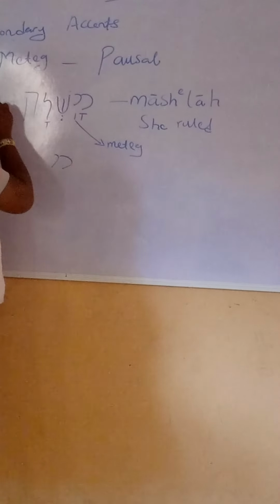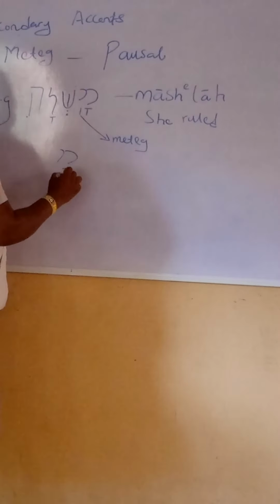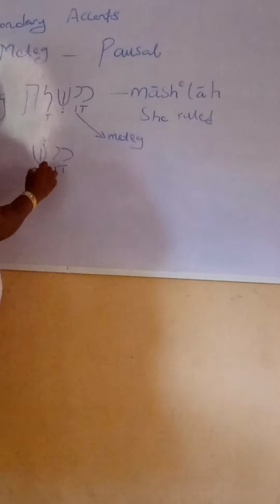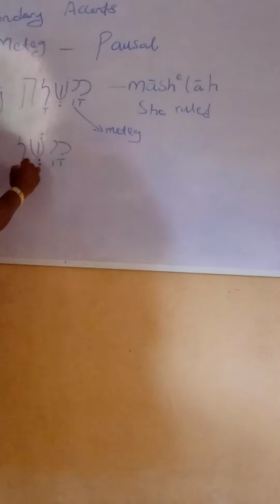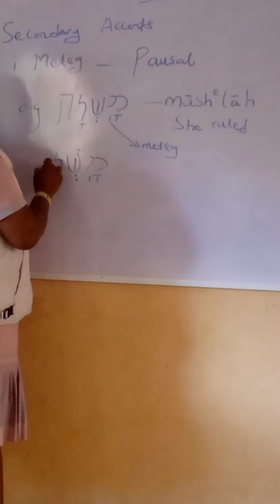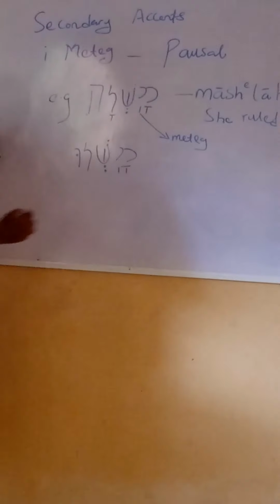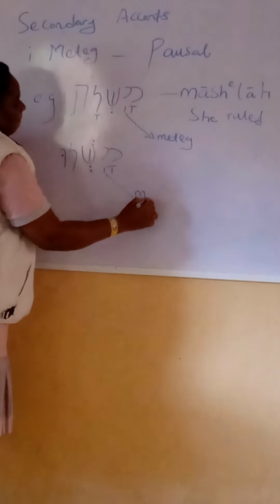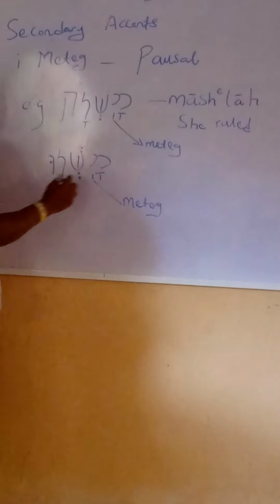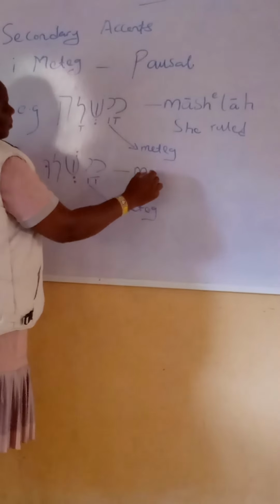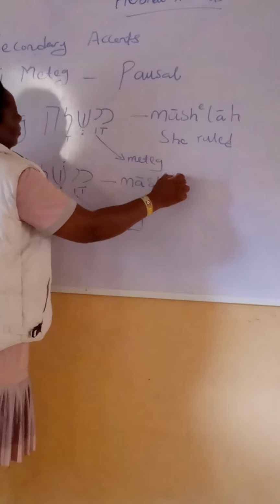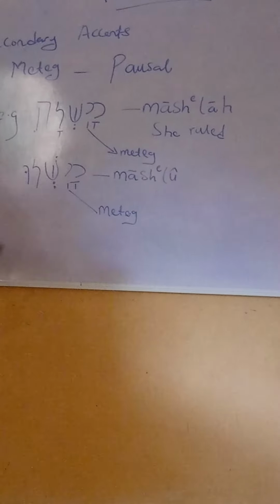Let's look at another example. And what we have here is a mete, telling you to take a pause when you are pronouncing this word. So pronounce that one, the second one.